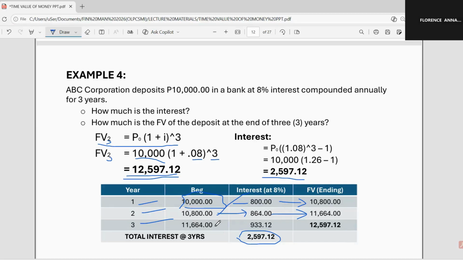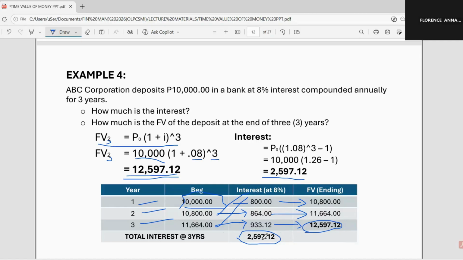You multiply 11,664 by 8%, you'll get 933.12, and you add the same to 11,664, you'll arrive at your future value at the end of 3 years na 12,597.12.